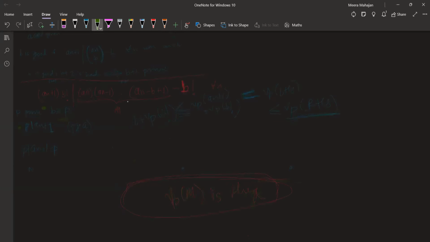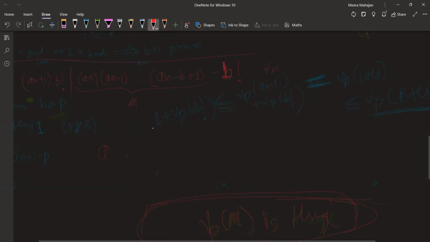So now we know that AN, I think I'll erase this, but we know that AN plus 1 minus P divides M because of this assumption.